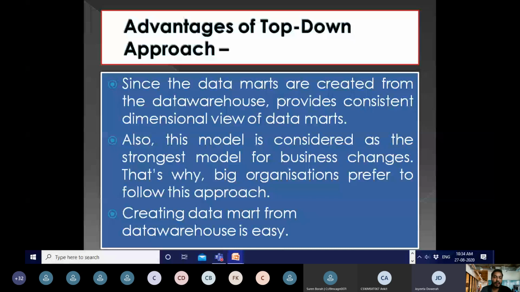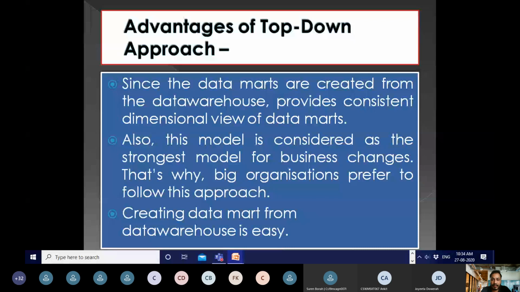The main purpose is view, because you already have the repository with you, and now you are separating it as per the requirement, like sales and marketing. So the main purpose of the data marts is the view, but you still need to organize them, and that takes time and costs effort.